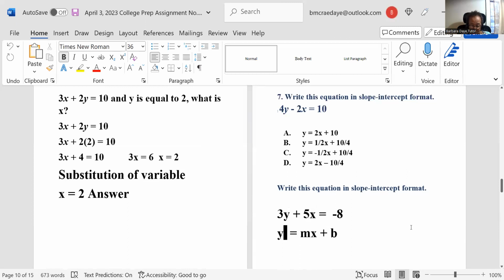So when you're done, it should just be y on the left, the slope in front of the x on the right, and plus the y-intercept. And the y-intercept does not have to be plus, it could be minus. Everybody understand what they have to do here?